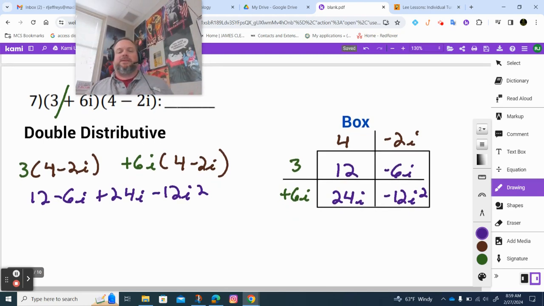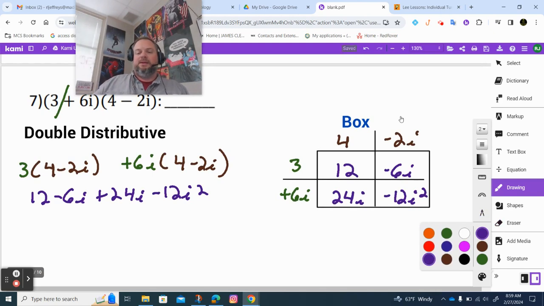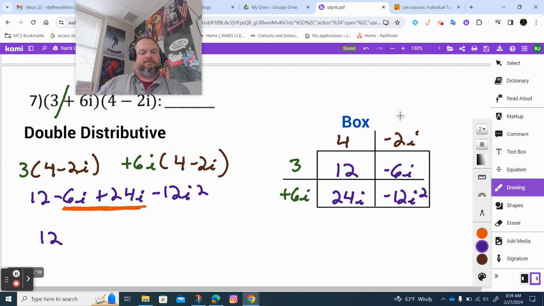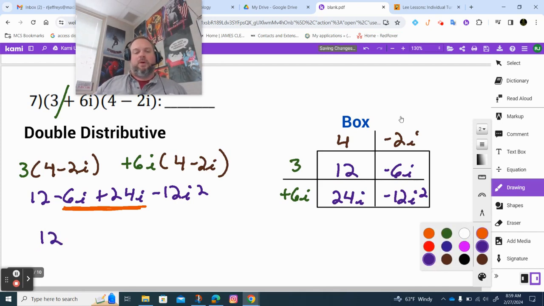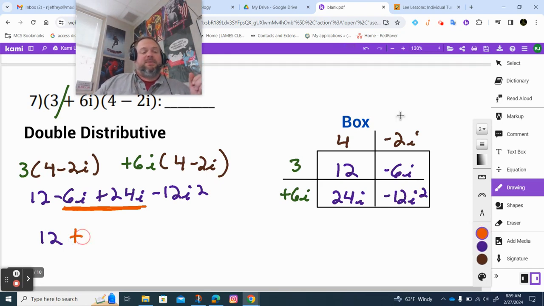Now, again, we're going to get the same terms either way. What do we know? Well, these two are going to combine, right? So negative 6i plus 24i, or 24i minus 6i, same thing, gives us plus 18i.